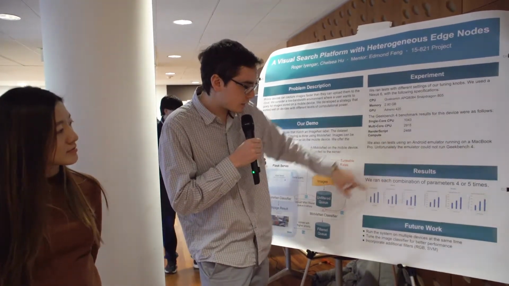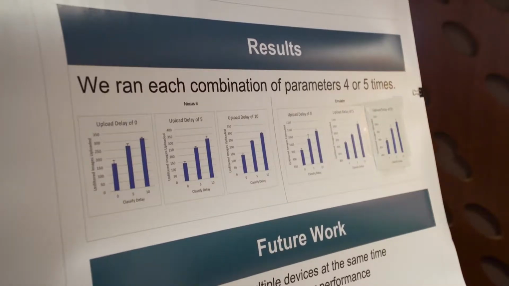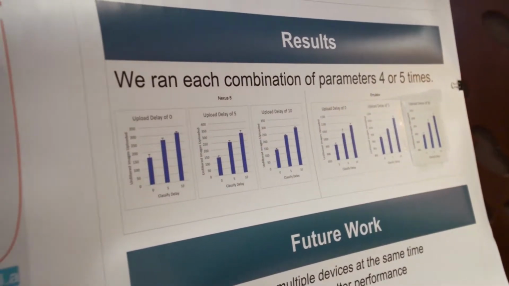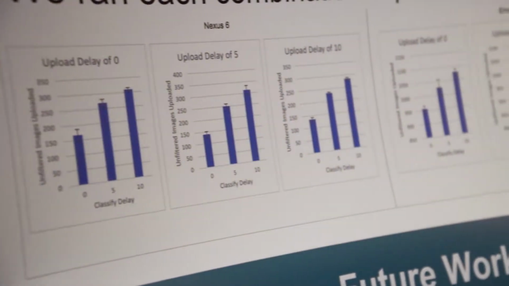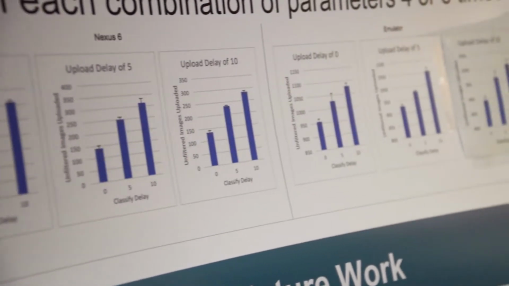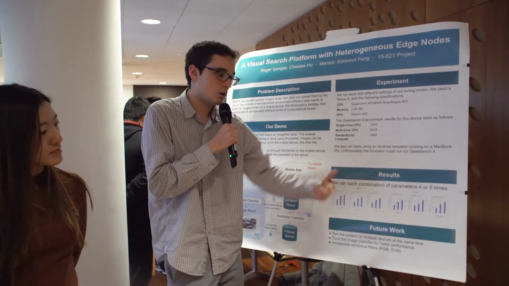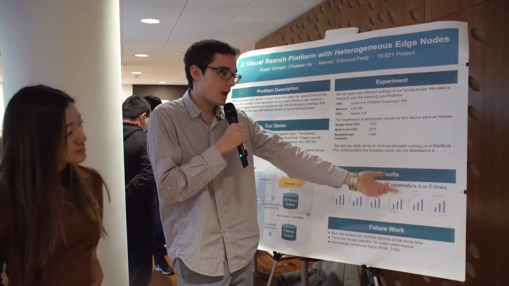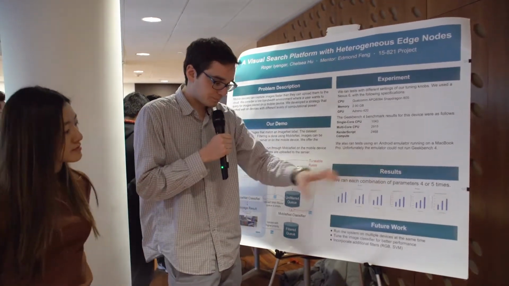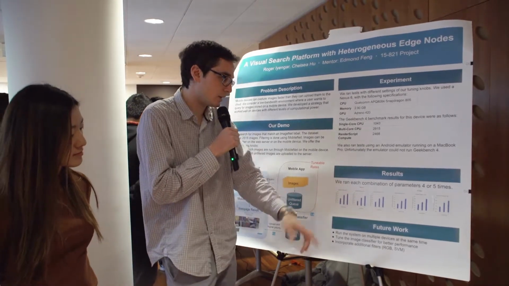And based on our results, you can see because the Nexus 6 was more powerful than the emulator was, there were more unfiltered images that were uploaded by the emulator because the emulator couldn't process the images as quickly as the Nexus 6 could.